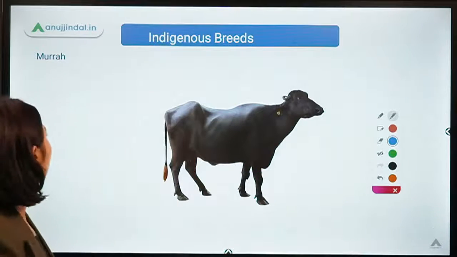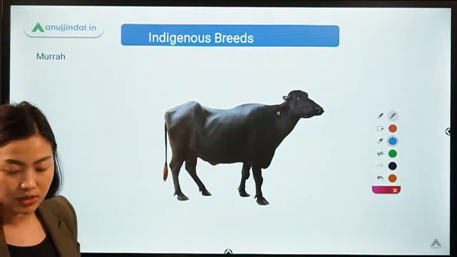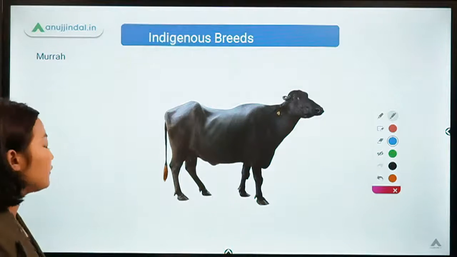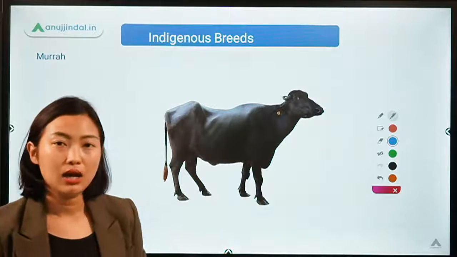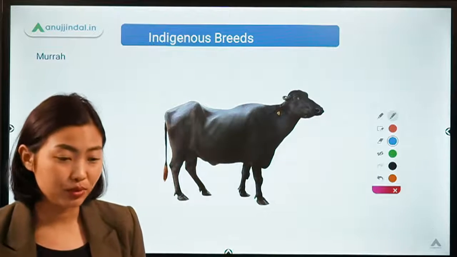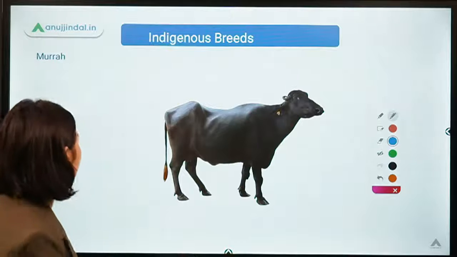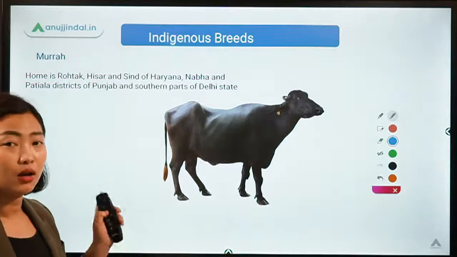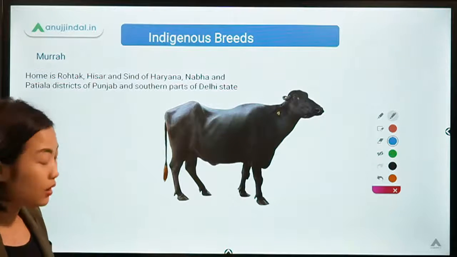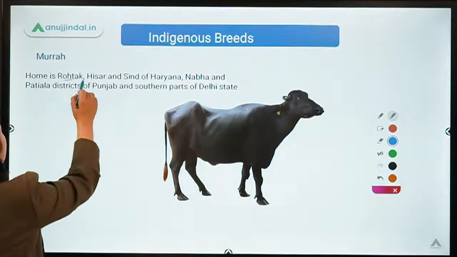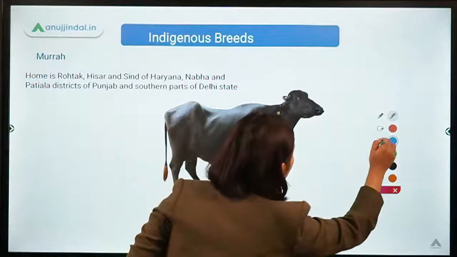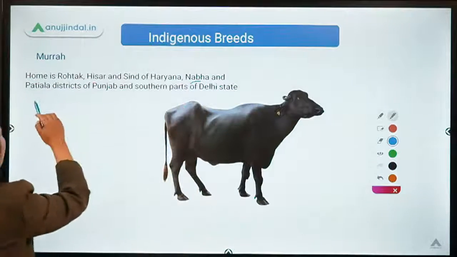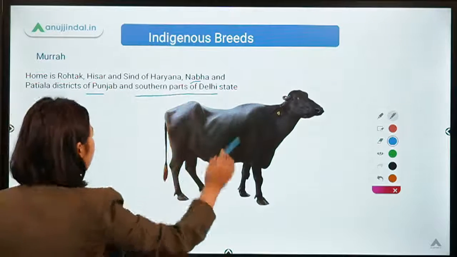Now coming to our first one, we're going to be talking about the first indigenous breed, which is called Murrah, okay? This is one of the very important indigenous buffalo breeds that we can find in India, right? This Murrah has been bred in Rohtak, Hisar, Sindh of Haryana, Nabha and Patiala districts of Punjab and southern parts of Delhi state.